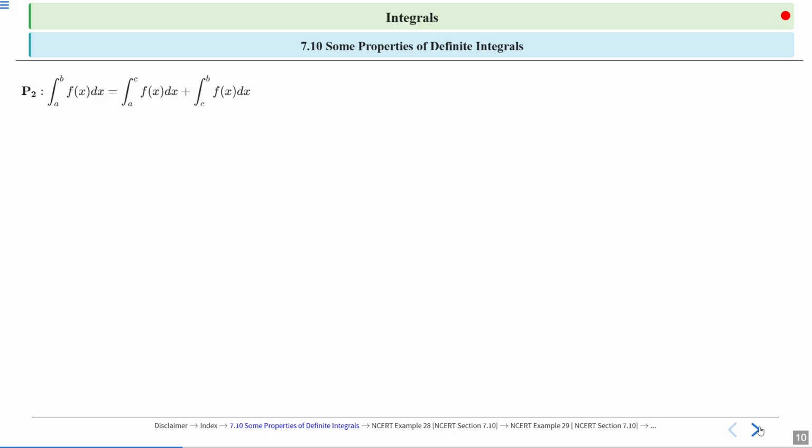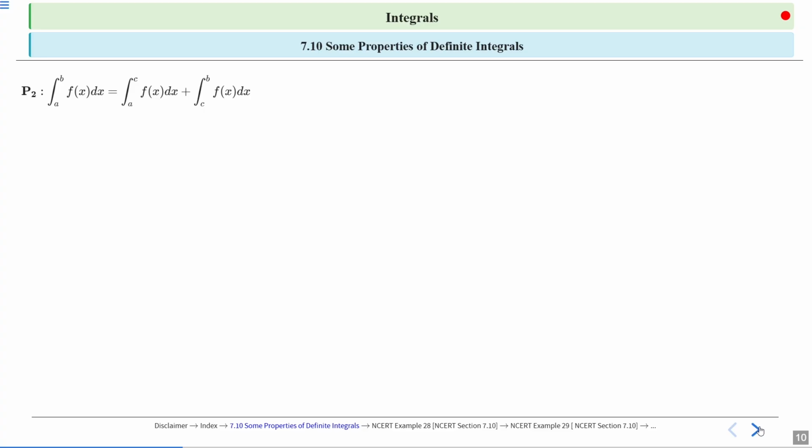It means if we have to find the definite integral of a function from lower limit a to b, and we don't know how to do this directly, we can break it piecewise into two or more parts. It's up to you how we break the interval.